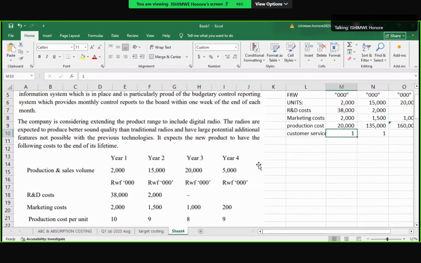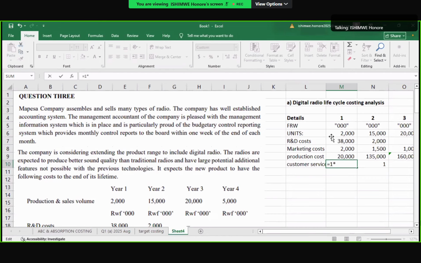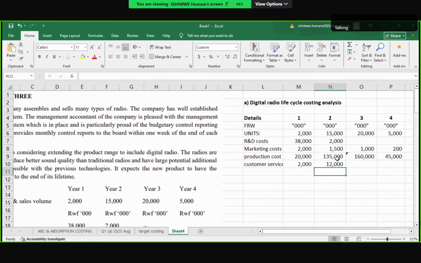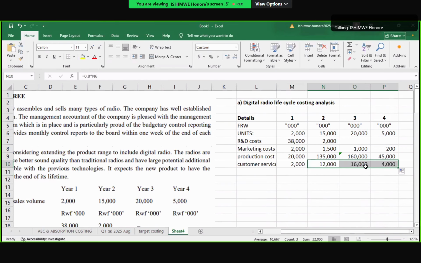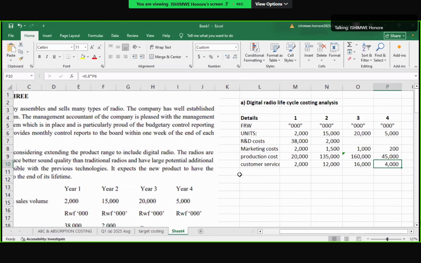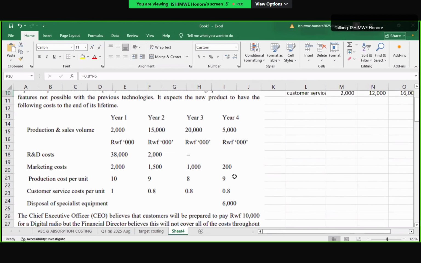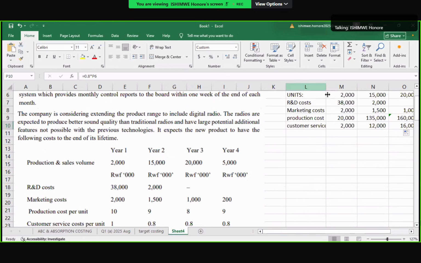So here we have 1 times, it is per unit, so I have to multiply by the units used, and here it is also 0.8 times this 15,000 units. I get it, and also here it is the same. It is 0.8, 0.8. Nothing changes. It is 0.8, 0.8.